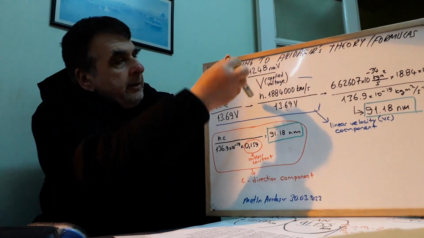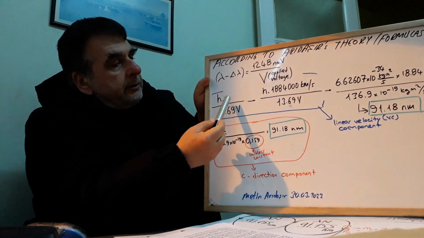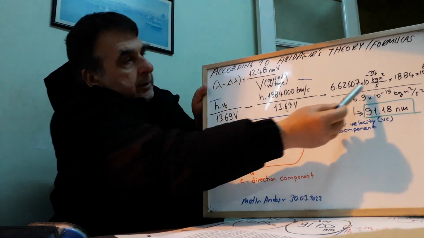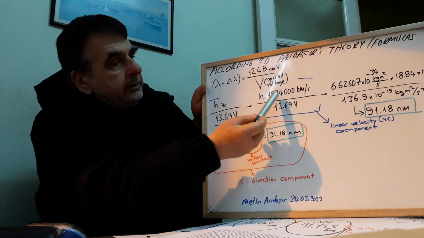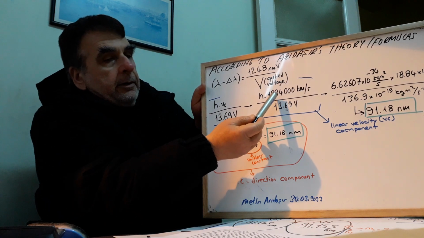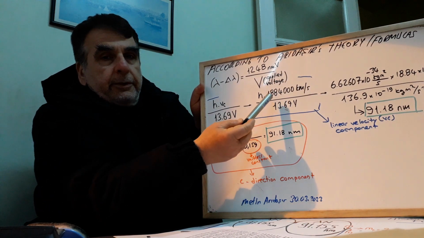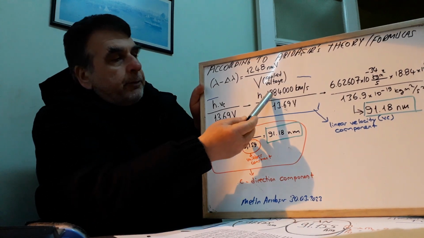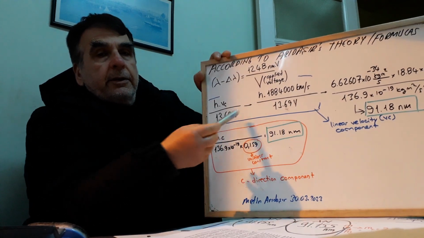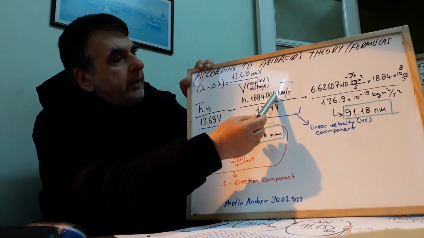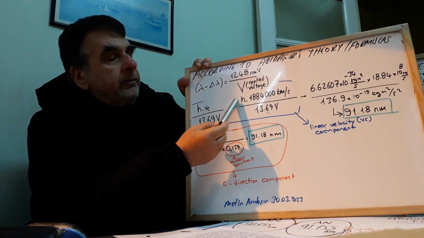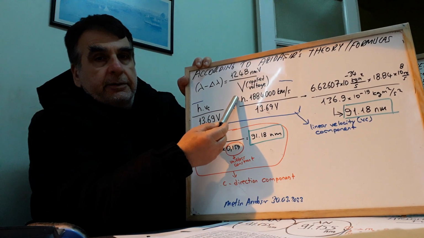Then rooted these figures, 6.28 times greater than speed of light multiplied by Planck's constant.